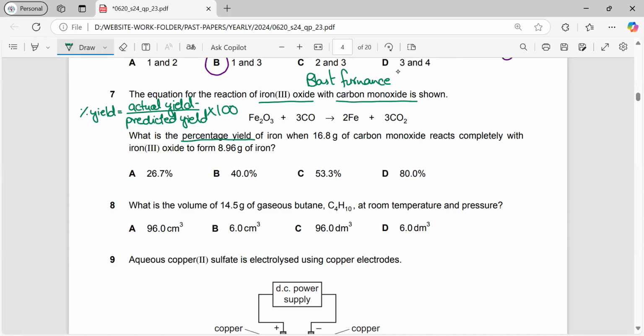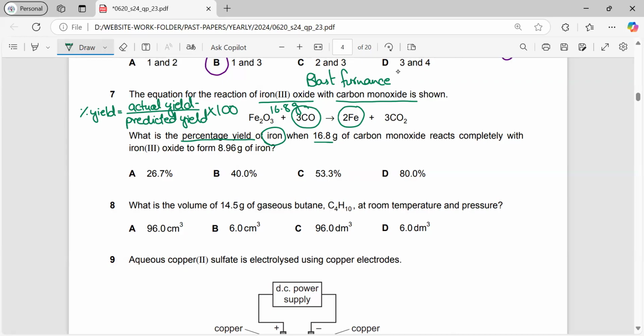Over here, they are asking what is the percentage yield of iron, meaning this product iron which is forming. They're asking you about this. Now, they have given us the grams of carbon monoxide, which is 16.8 grams.